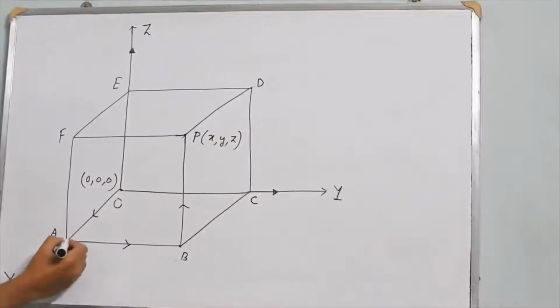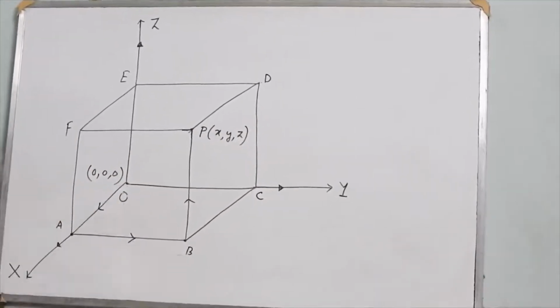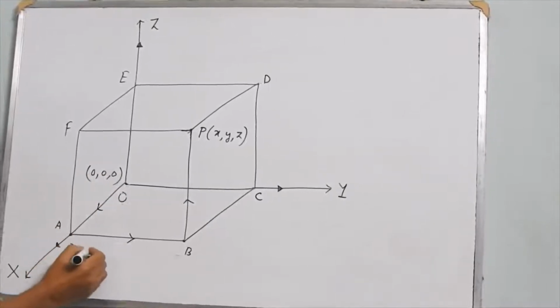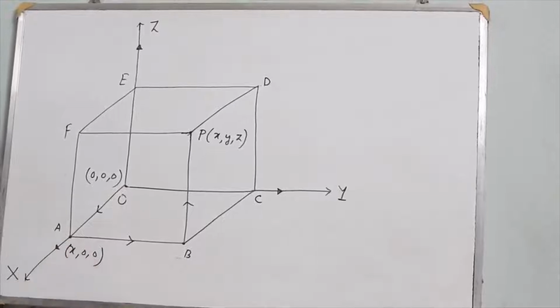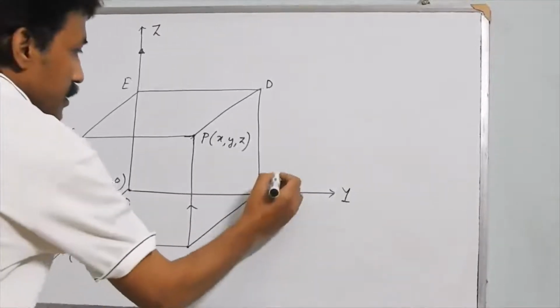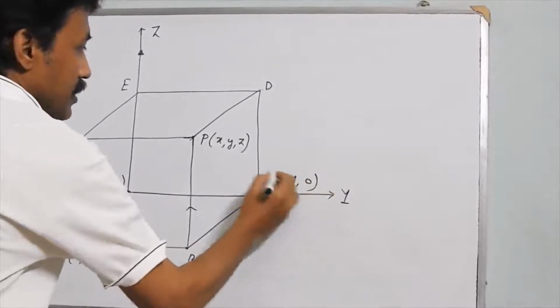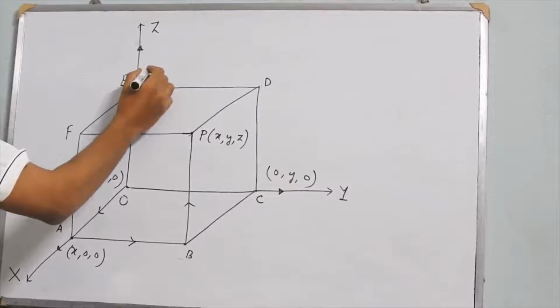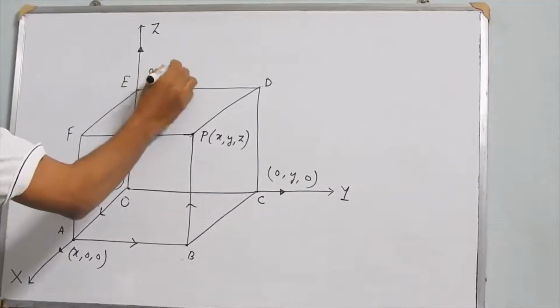The point A, which lies on the x-axis, has coordinates x, 0, 0. The point on the y-axis has coordinates 0, y, 0, and the point on the z-axis, that is the point D, has coordinates 0, 0, z.